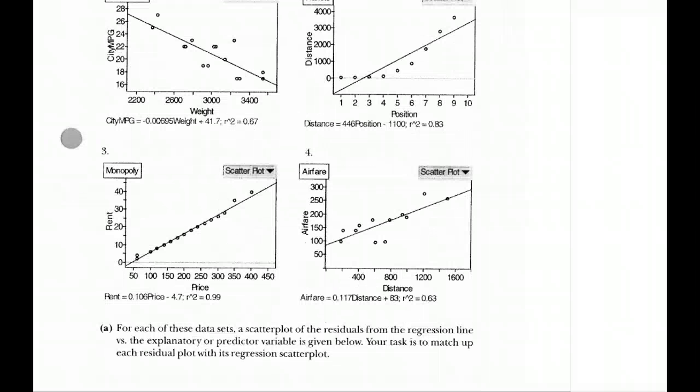I'm going to shrink this so that we can kind of see more. Let's see what we can do here. Okay, so hopefully this helps a little bit. Move this. Come on.